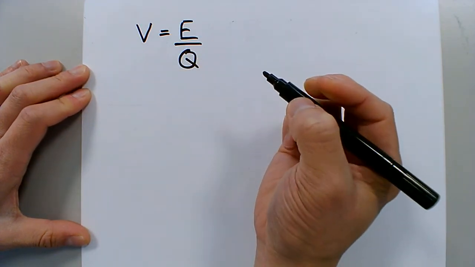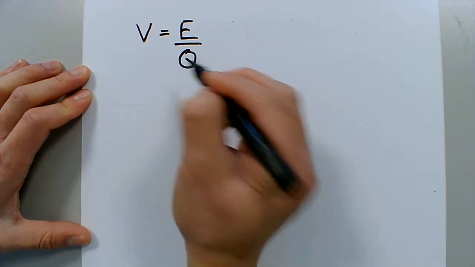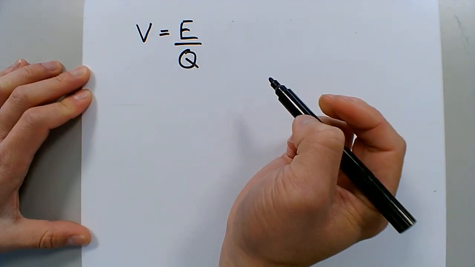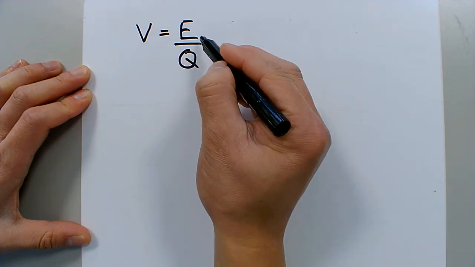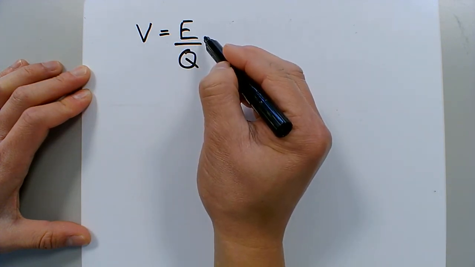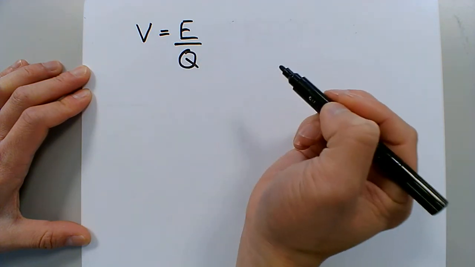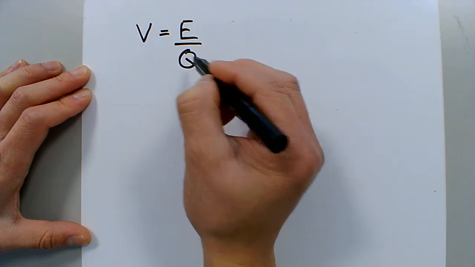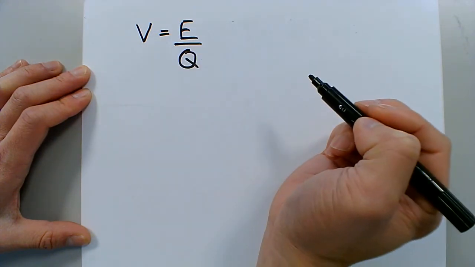And this time, instead of making E the subject, I want to know what Q is. So in this question, they've given you a value for the potential difference, and they've given you a value for energy. And what they want you to do is find out what Q is. In order to do that, we have to rearrange the equation to make Q the subject.